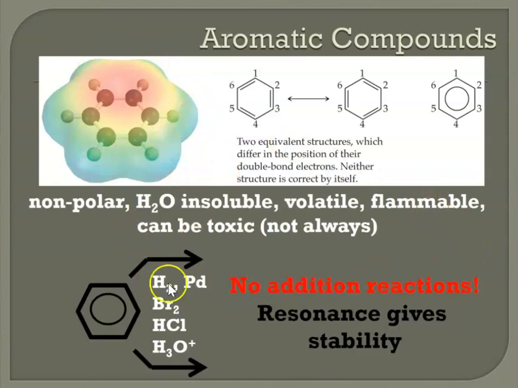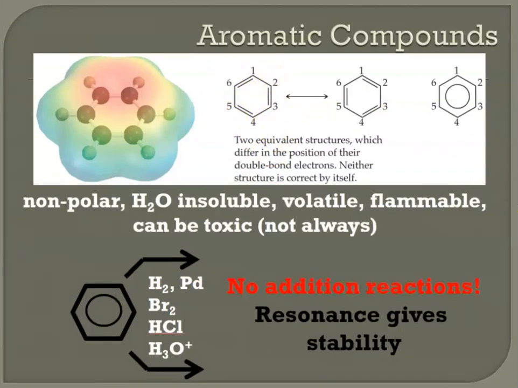So generally, benzene rings, for example, with hydrogen or bromine or hydrochloric acid or acids, are not going to have addition reactions, because that would disrupt this very stable ring. To know Huckel's rule, how we can figure that out is if every other carbon has a double bond.